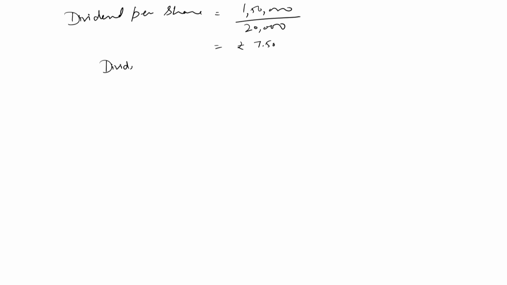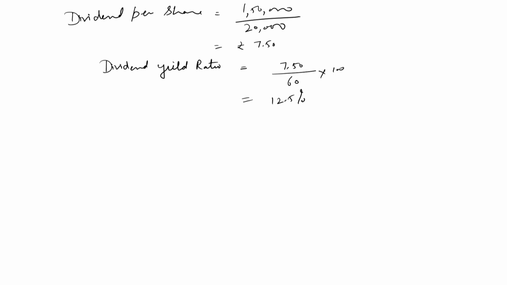Dividend yield ratio will be equal to dividend per share, just computed 7 rupees and 50 paisa, in comparison to the market price, which is given in the question as rupees 60. So it comes to the figure of 12.5%.